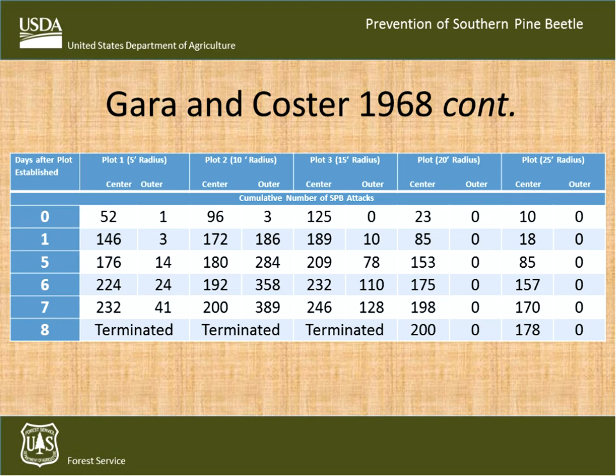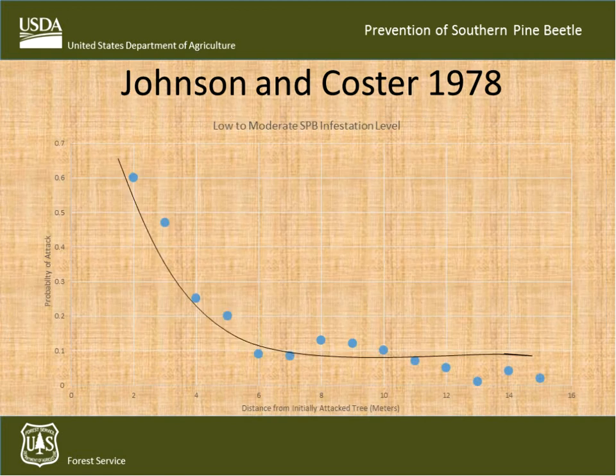And what they found was that at the 5, the 10, and the 15-foot radius, the adjacent trees were all attacked after the center tree was attacked. However, once they reached the 20-foot radius and the 25-foot radius, those adjacent trees were no longer attacked. So they concluded that somewhere between 15 and 20 feet was kind of a magic number where the southern pine beetle didn't move from the initially attacked tree out to the adjacent trees.